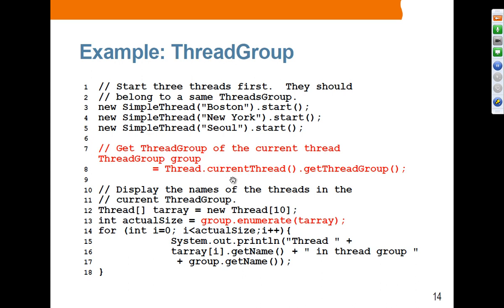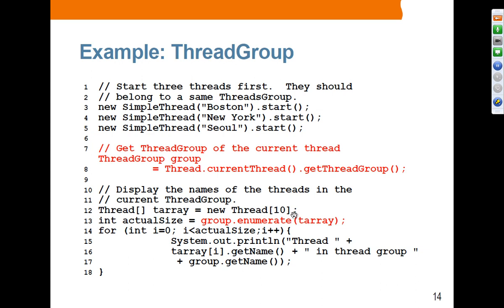You can call the currentThread method of the Thread class, which is a static method, to find the current running thread, and then find out the thread group it belongs to. Then you display the names of the threads in the current thread group, and you can display all the threads in that thread group.